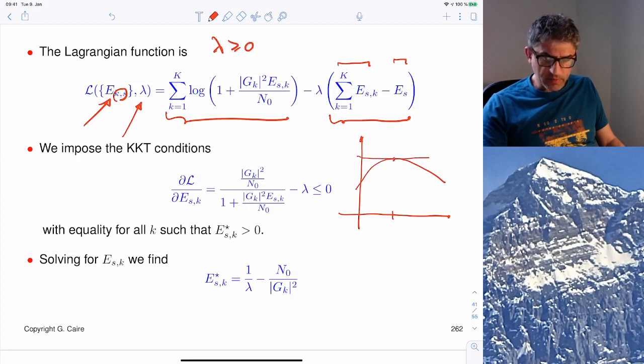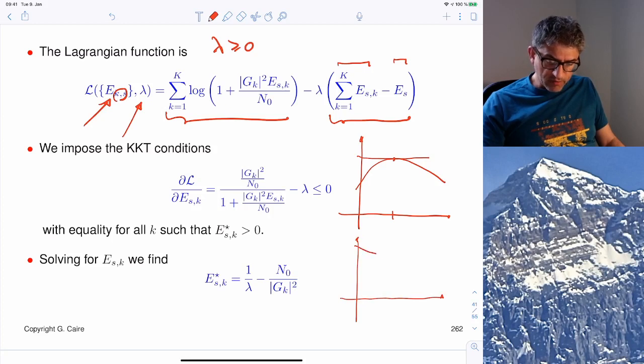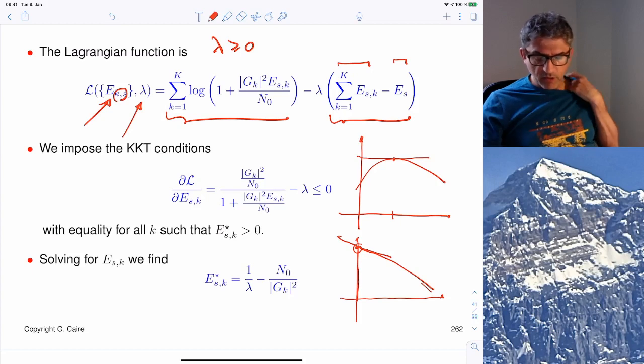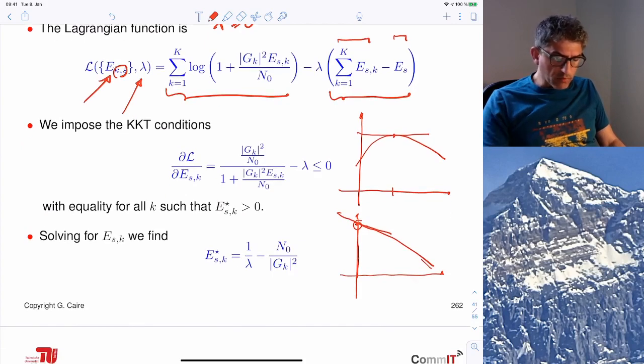We are here. That's a maximum. If the solution is negative, then we have to see what happens at the boundary. It means that the solution will be 0 and the maximum is obtained at the boundary when the derivative is non-positive, and therefore you can only decrease as you increase the corresponding component. So we study the solution of this inequality.